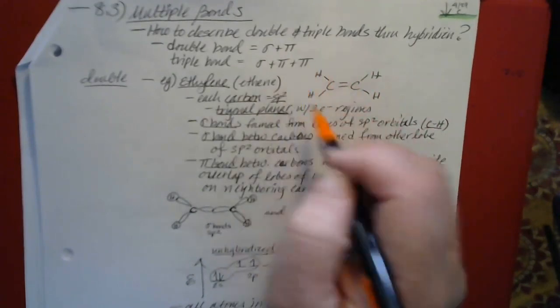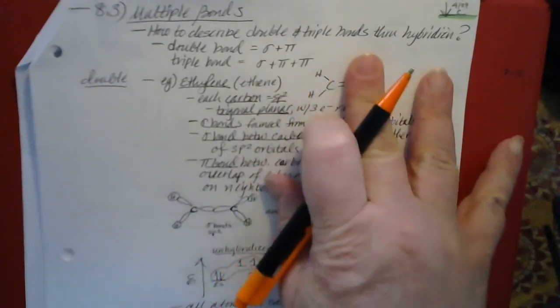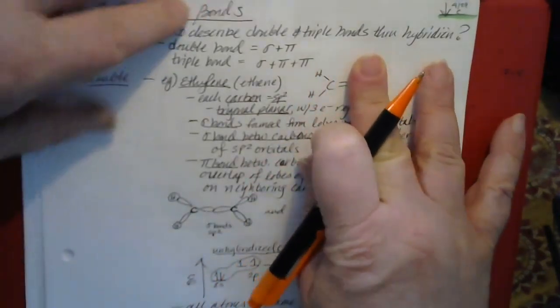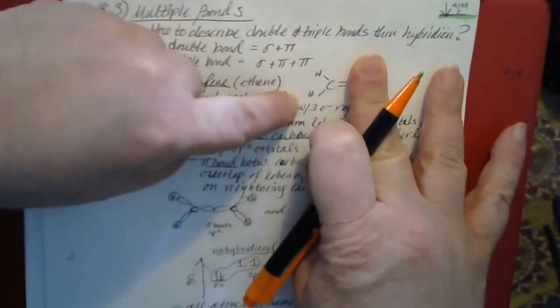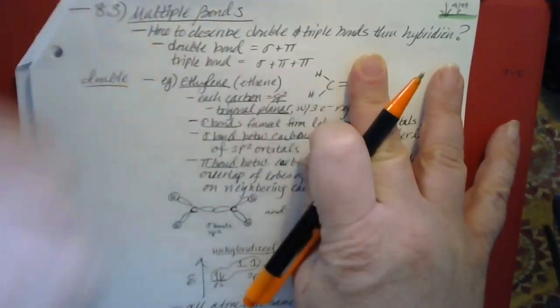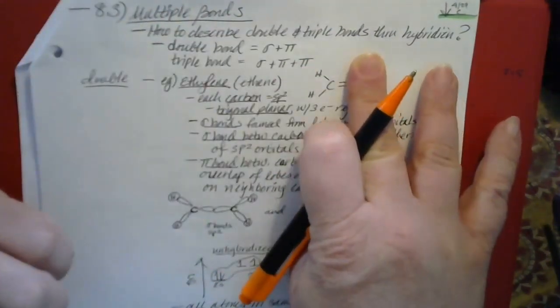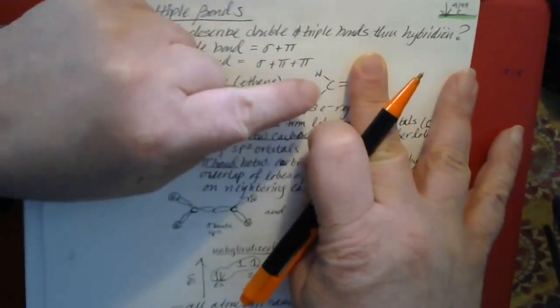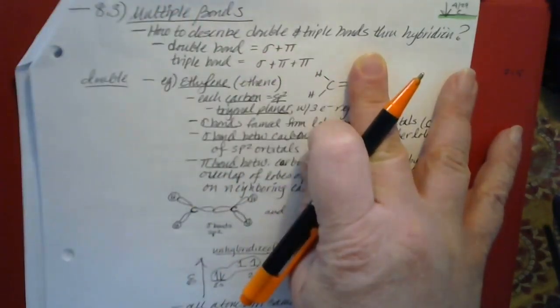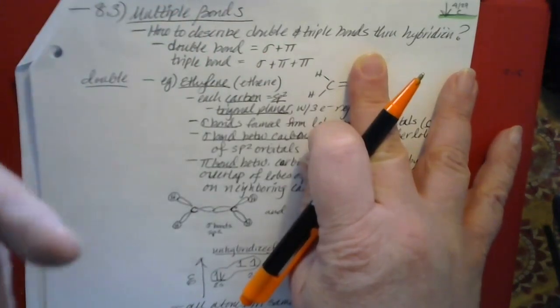And you may notice from the way I've drawn it, if you have three regions of electrons around a central atom, the central atom will have an sp2 type hybridization, and it will have a trigonal planar electron geometry.